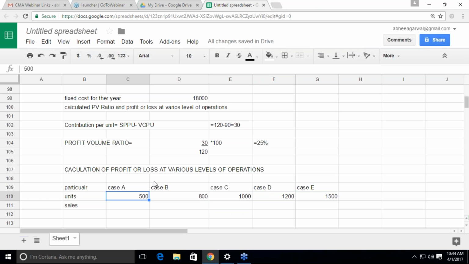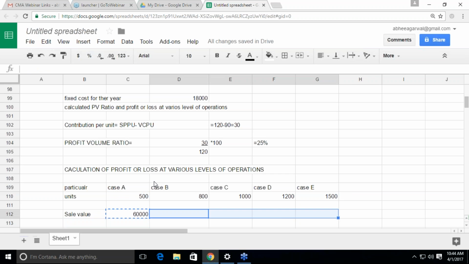What if I produce 500 units? If I produce 500 units and sell 500 units, then my sale value will be 500 units multiplied by selling price per unit, which is 120 in this question. Similarly, for 800 units it will be 96,000. For 1000 units it will be 1,20,000.